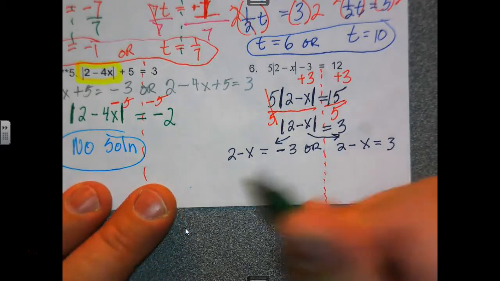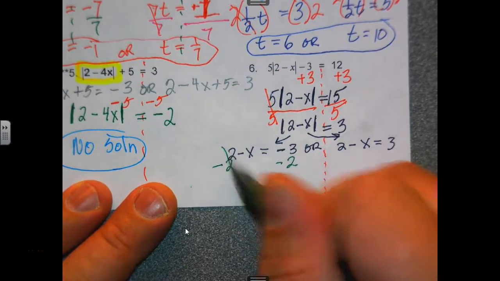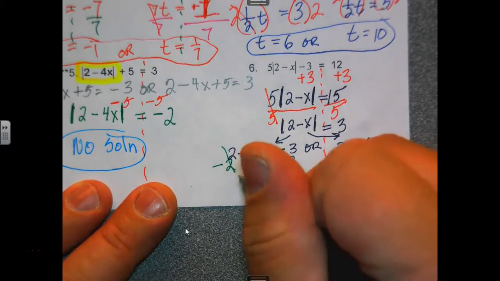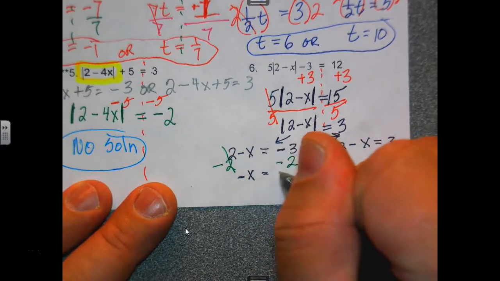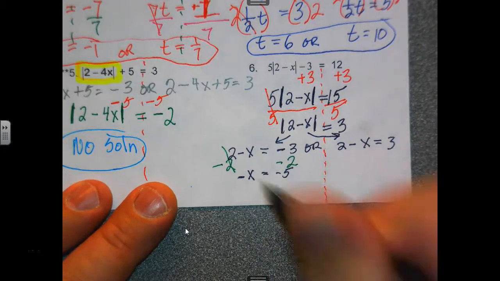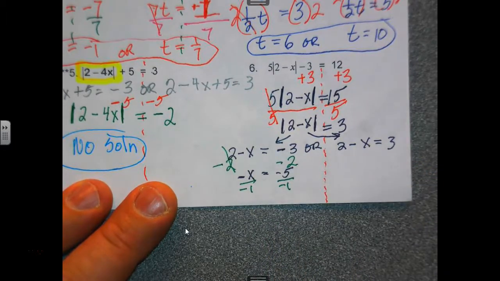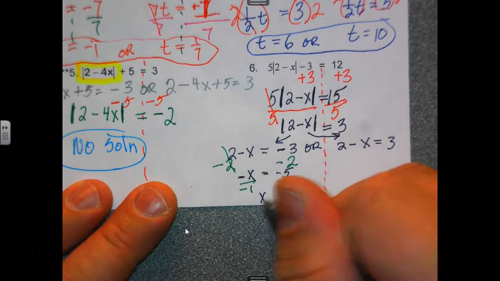Okay, I'm going to subtract 2. So I get negative x equals negative 5. And then I'm going to divide by negative 1. I get x equals 5.